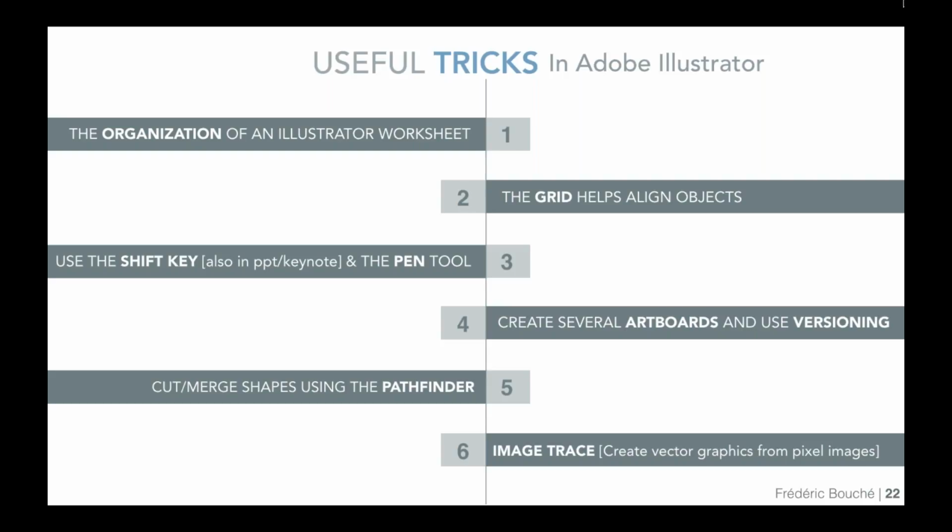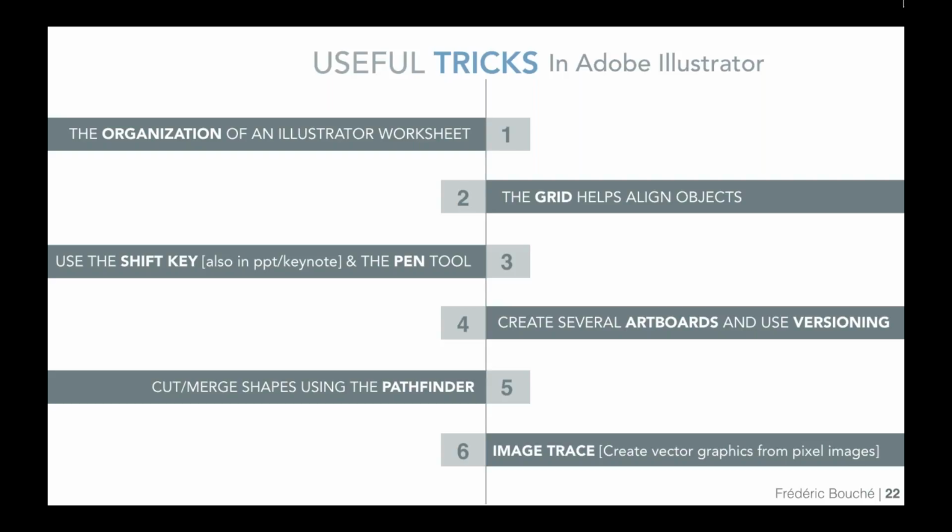So first, I will speak a bit about the organization of a typical Illustrator worksheet. Then I will just show you how to call for the grid to help align objects together. I will also, I was speaking about the keyboard, I will also show you the use of the Shift key.